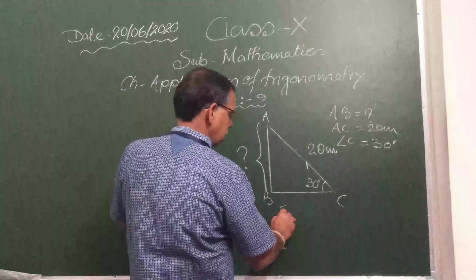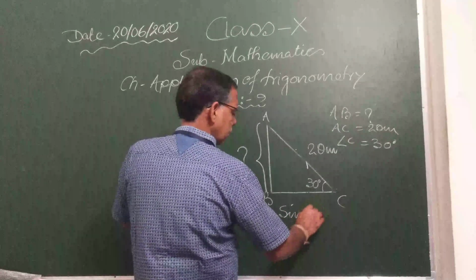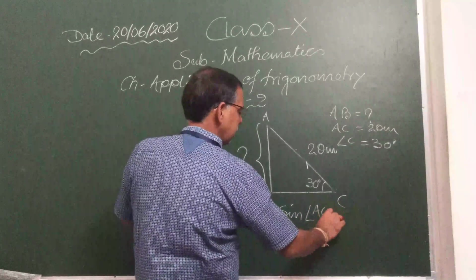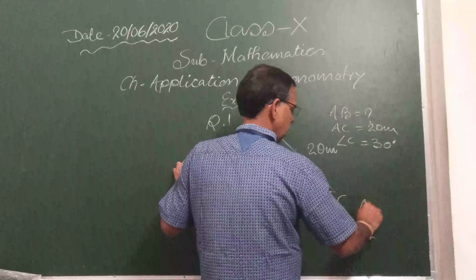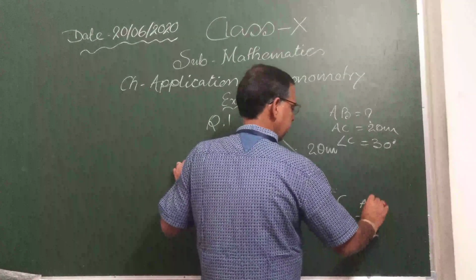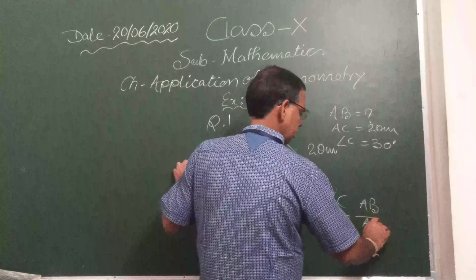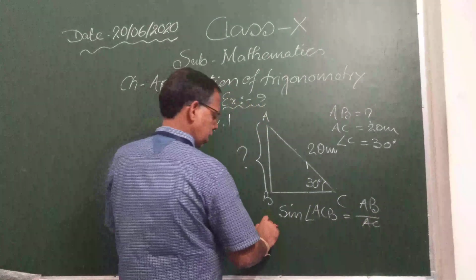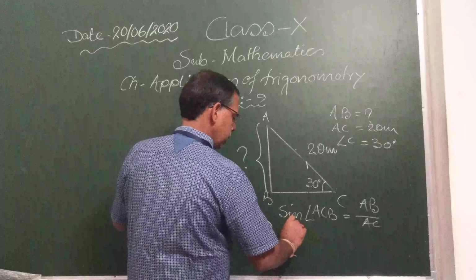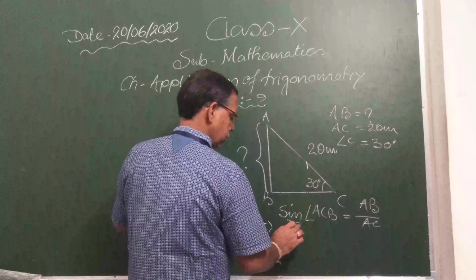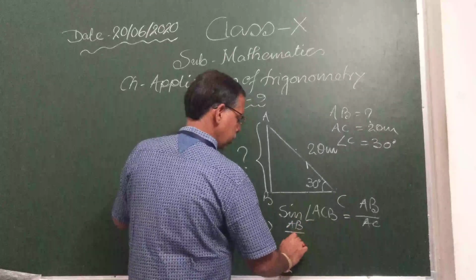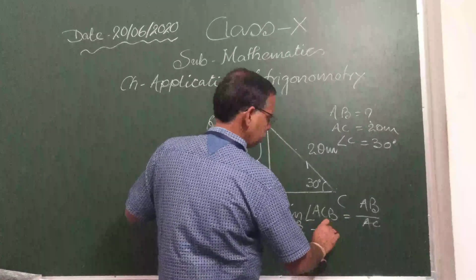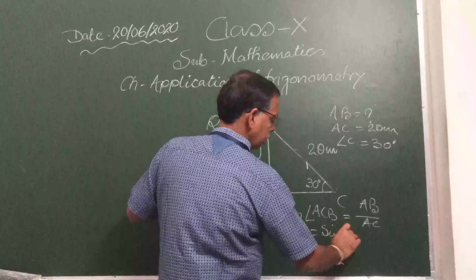Sine C, sine angle ACB equal to AB by AC, perpendicular by hypotenuse. So it is 20, AB by 20 equal to sine 30 degree.